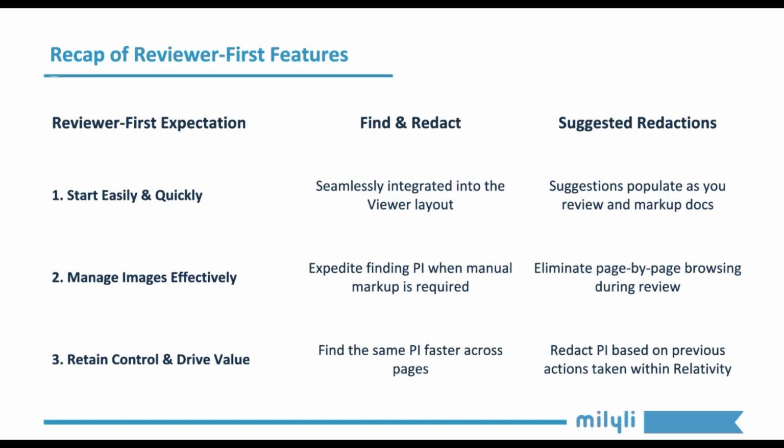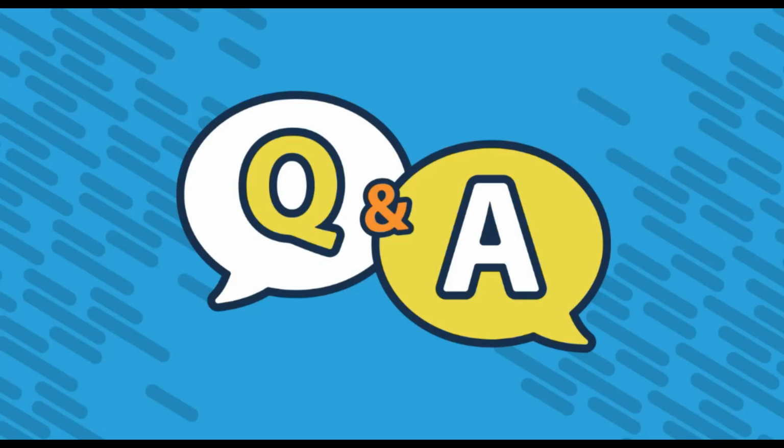This slide is going to be sent as a PDF along with today's recording that can serve as a reference for how Find and Redact and redactions can help you meet reviewer first expectations. Now, we hope that we showed you how these features are ready to use on day one. You can start using them easily and quickly without, quote, fear that you'll compromise your image work. So with that, Barrett, what is our first question?